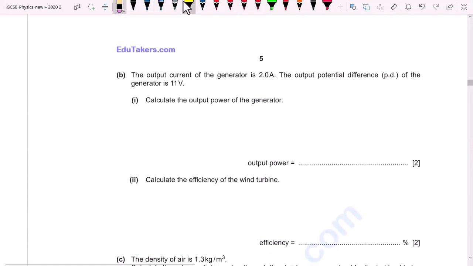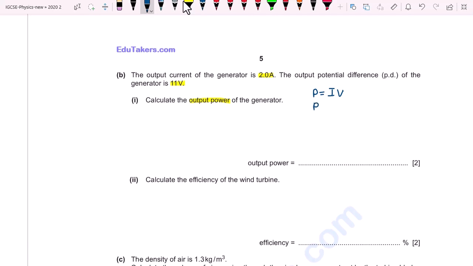Part B. The output current of the generator is 2.0 ampere. The output potential difference of the generator is 11 volt. Calculate the output power of the generator. Here we have to calculate the output power. We know that for the circuits that contains current and potential difference, the output power P must be equal to product of current and potential difference.